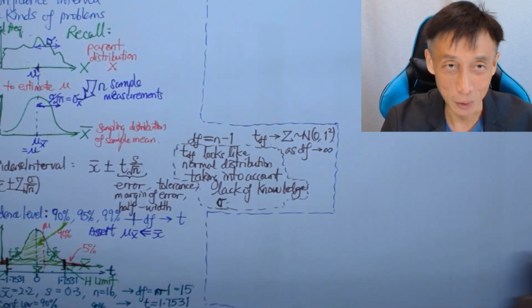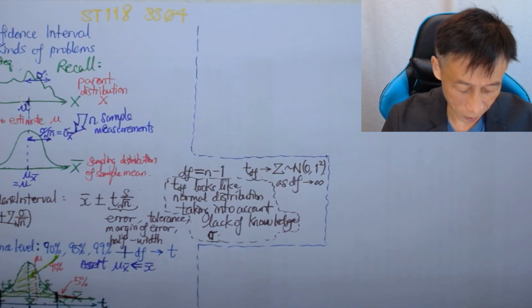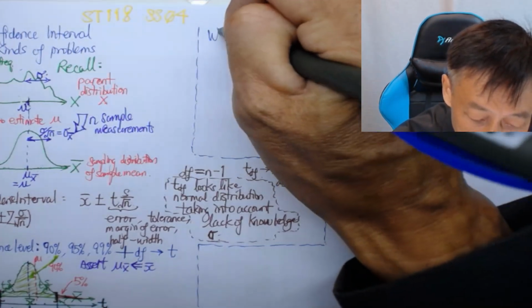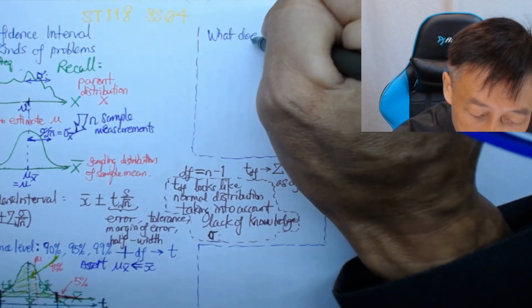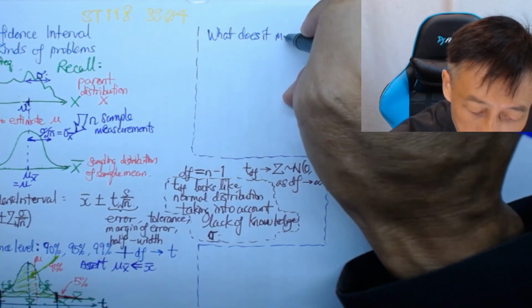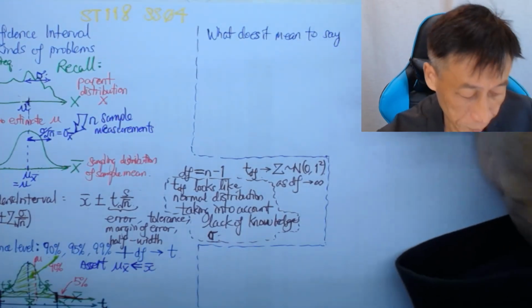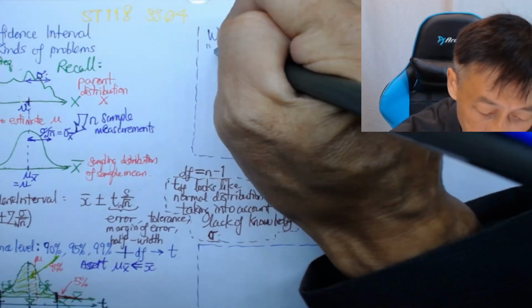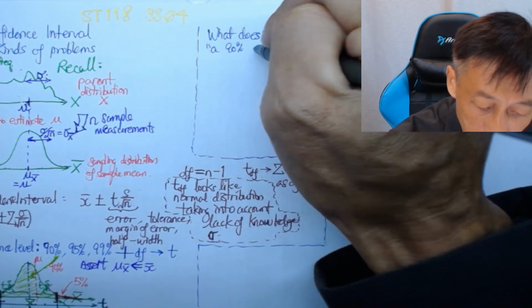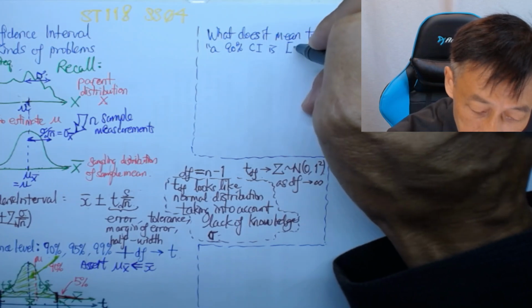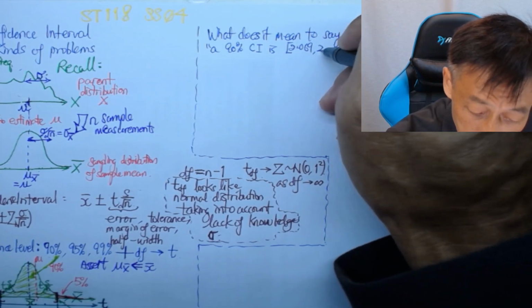What does it mean to you? That's the interpretation part. So to say that we have a 90% confidence interval from this to this, what does it mean?